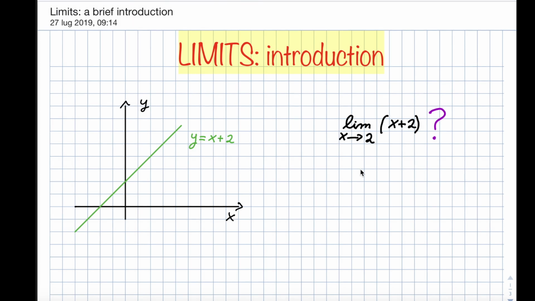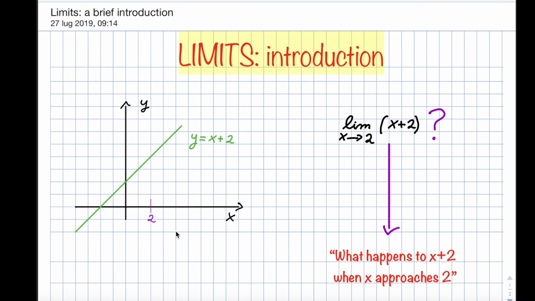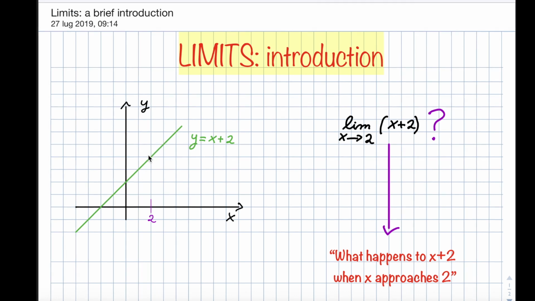What does this actually mean? Well, we should simply look at what happens to the function x plus 2, that is represented by the points on the y-axis, when x gets closer to 2. How can we answer this question? Just think about walking along the graph closer to the point x equals 2, so this point here.